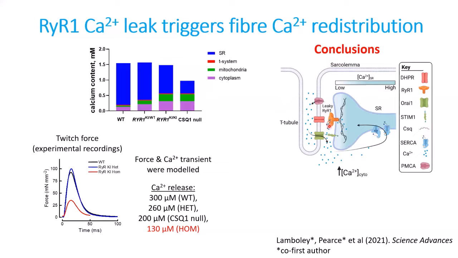When we have a leaky RyR receptor, we predict that we're generating nanogradients either side of the SR terminal cisternae membrane to control what's going on with the calcium distribution in the muscle. And this is incredibly important for the function of the muscle, and it's also very, very precisely controlled by this leak of the RyR receptor.